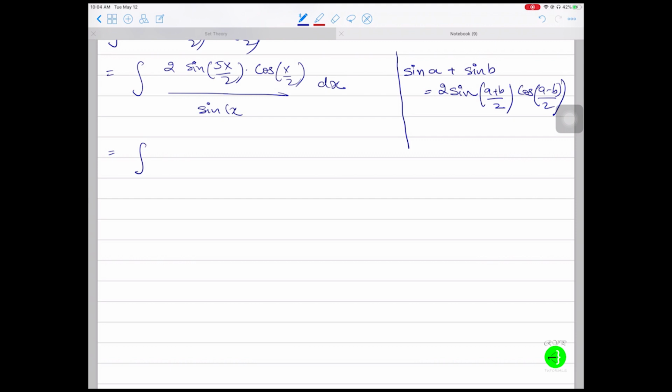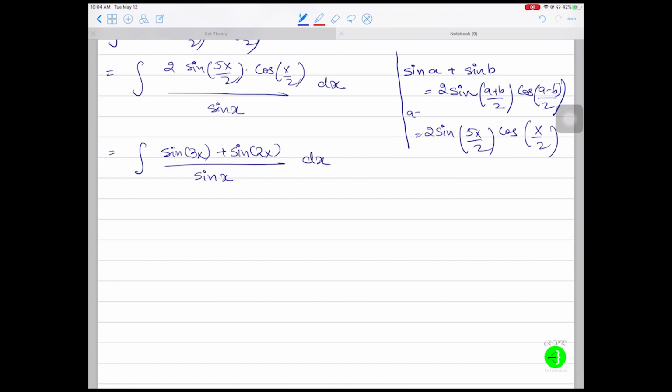So the numerator becomes sine of 3x plus sine of 2x over sine x dx. If we plug in 3x and 2x in place of a and b, then we get 2 times sine of 3x plus 2x, which is 5x by 2, times cosine of 3x minus 2x, which is x by 2, which is exactly our numerator. So a is 3x, b is 2x. So remembering these trigonometric identities is really useful.